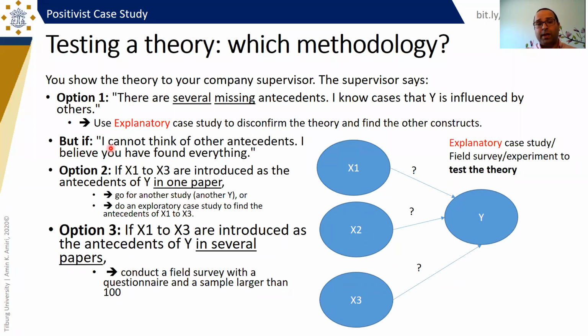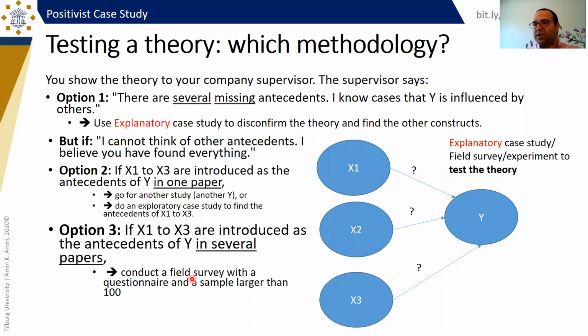But if you find one or two of them in one paper, another one in another paper, and the other one in another paper, and you try to show in one nomological model all the antecedents of Y, then in that case, you have to use a field survey.